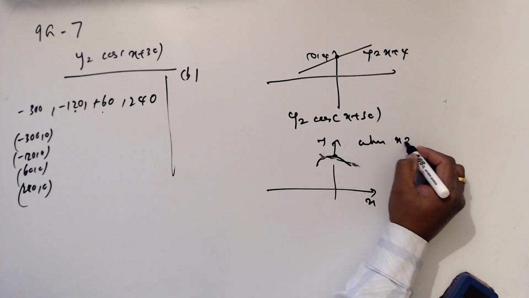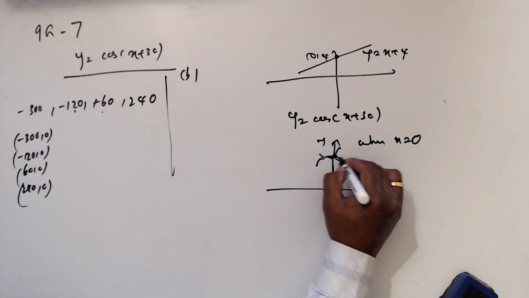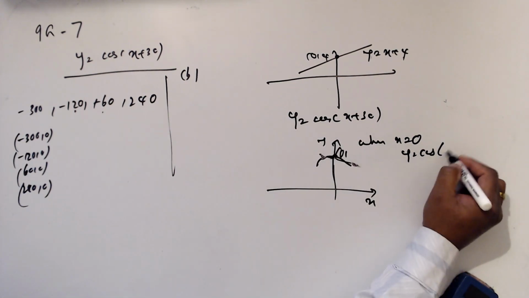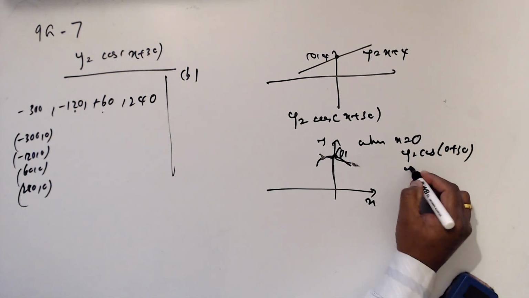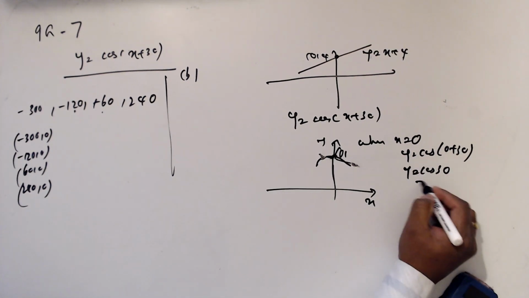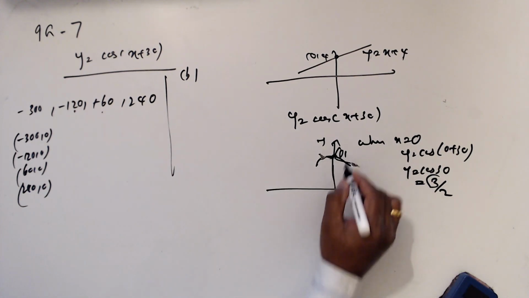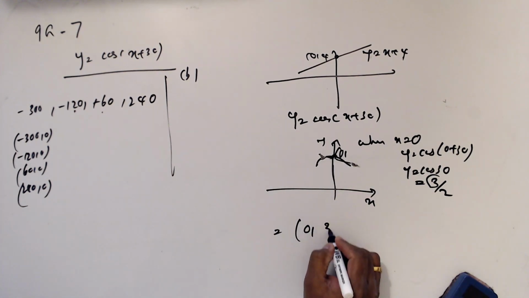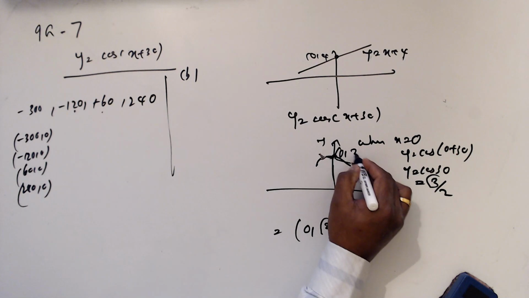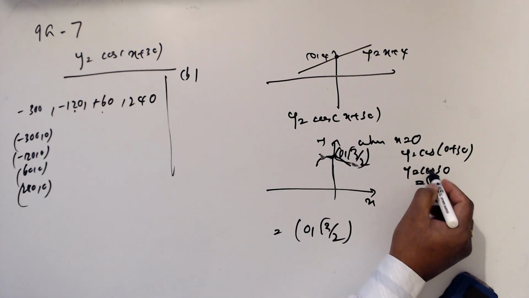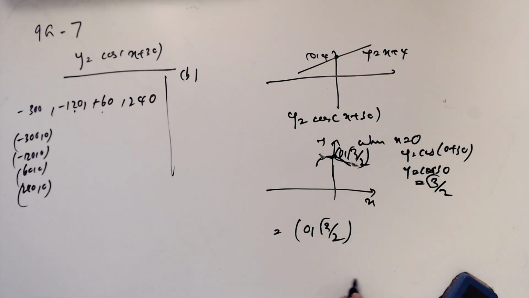When x equals 0, y equals cos(0 + 30), so y equals cos 30. Cos 30 means square root 3 over 2. So the coordinate of this one is (0, square root 3 over 2). You can check from the calculator as well what cos 30 is. Square root 3 over 2.